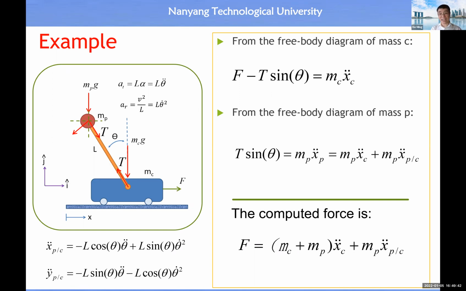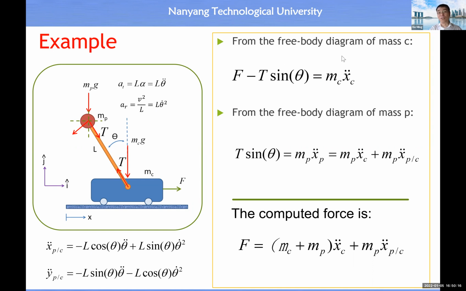Now our focus is what the force F should be if we want to produce this amount of acceleration for the mobile base, and this amount of acceleration of the ball in the x direction. Then what should be the force applied to the mobile base? So this is a calculation. How to obtain this one?